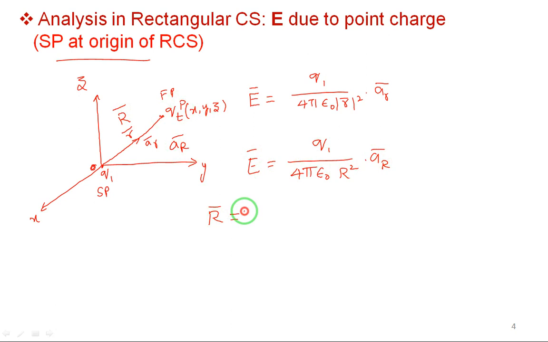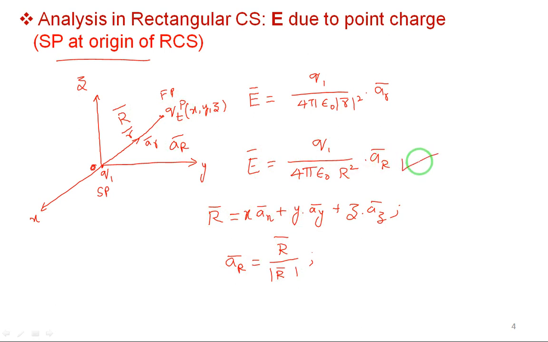So x into a_x plus y into a_y plus z into a_z. And the magnitude, how to find out? You know, under root of x square plus y square plus z square. That is the magnitude R you will get, the distance between source point and field point. Then the unit vector you already know. So a_r vector is the vector R, distance vector, divided by its magnitude, right? So you can substitute later on in this formula, so that I will be getting the result.